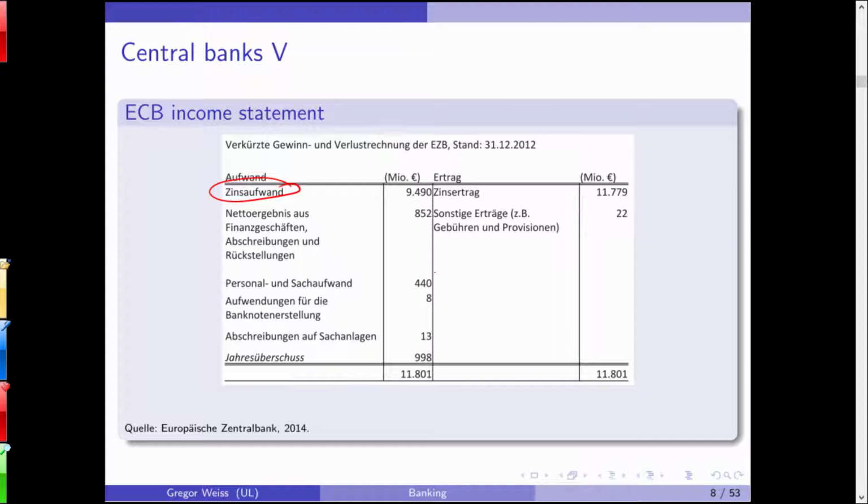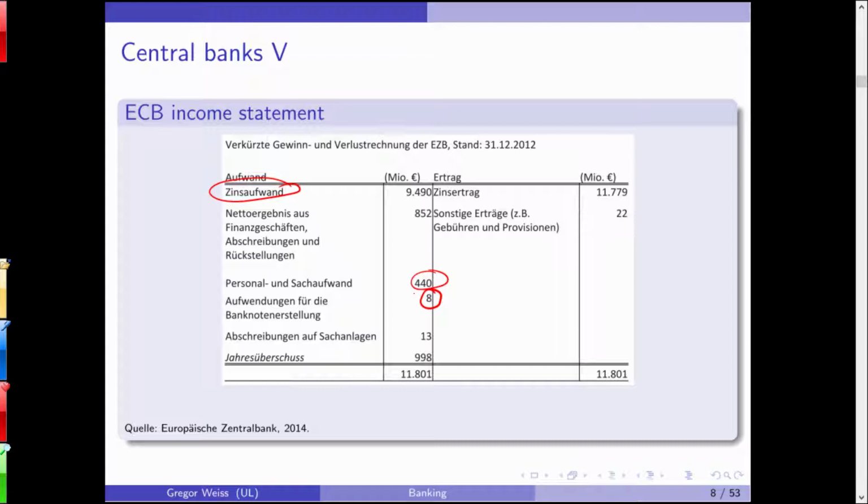It had costs of 440 million euros in 2012 for personnel, and actually paid 8 million euros for producing banknotes, and it also had to write down some assets. And here you can see it had an income statement of roughly 11 million euros.